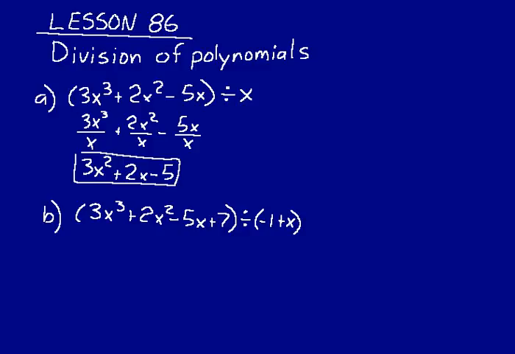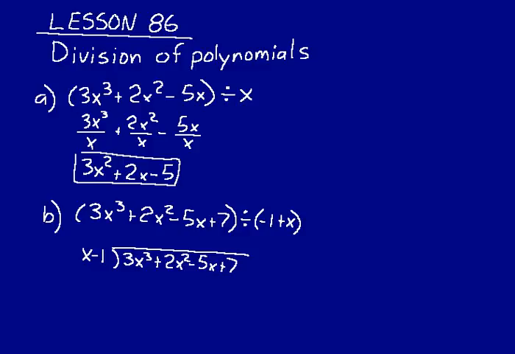So when you have to divide by a binomial, change it to long division format and just put your x minus 1, put your long division symbol down, and 3x cubed plus 2x squared minus 5x plus 7. And so that big polynomial is considered your dividend, and the x minus 1 is your divisor. That's what you're dividing by.